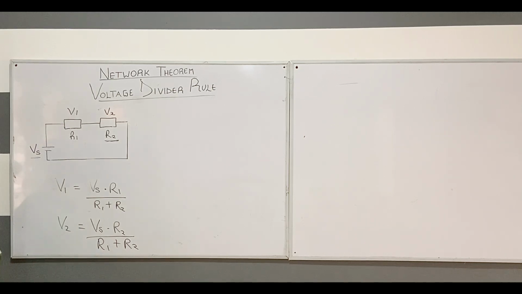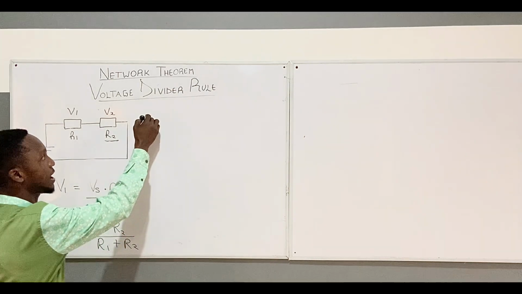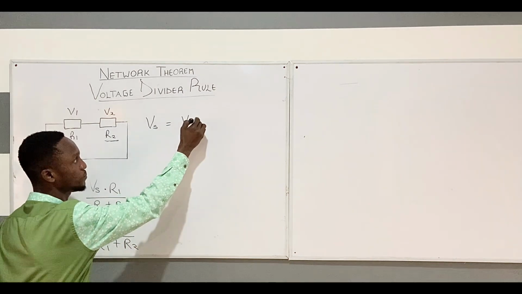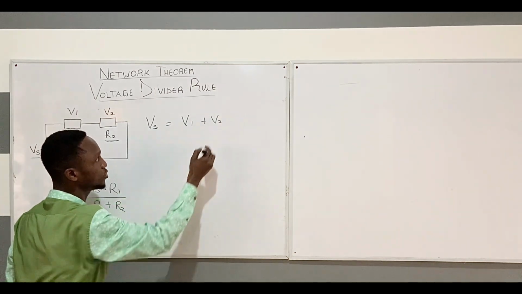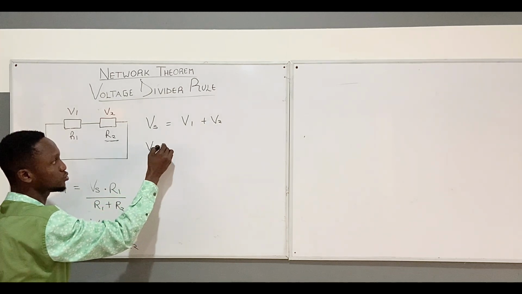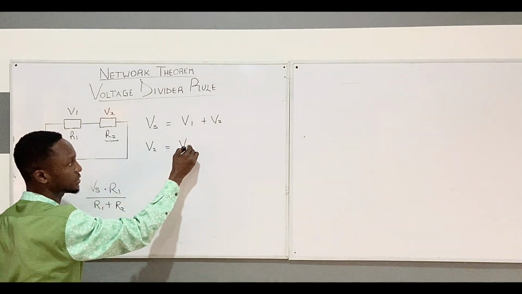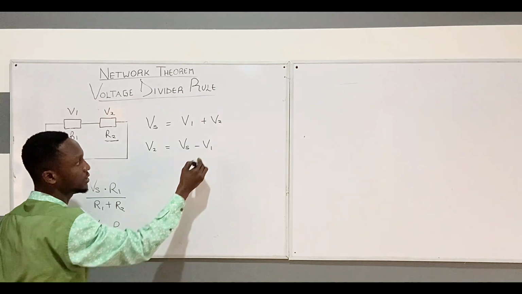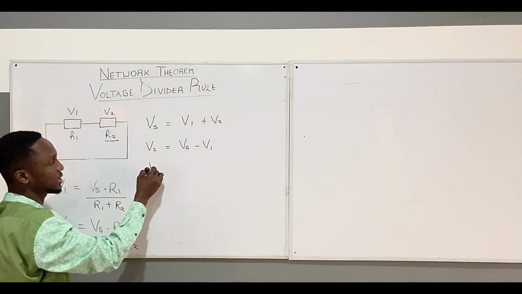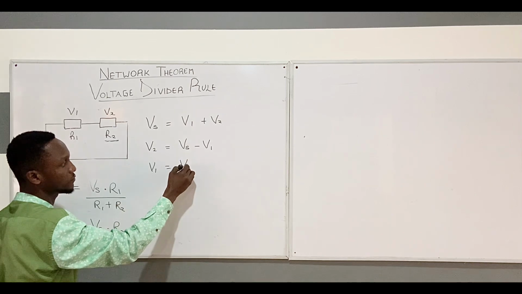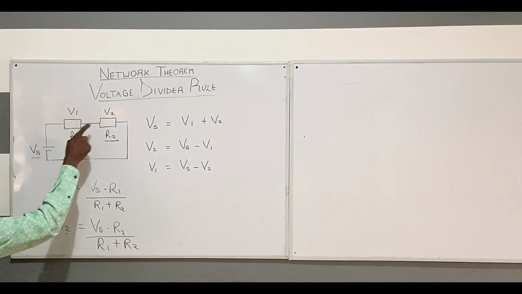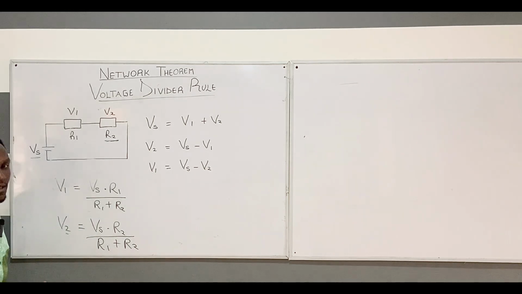That's what we call the Kirchhoff voltage law. So if Vs is supposed to be V1 plus V2, then if I know V1, I can find V2 by saying V2 equals Vs minus V1. In the same way, if I know V2, then V1 equals Vs minus V2.